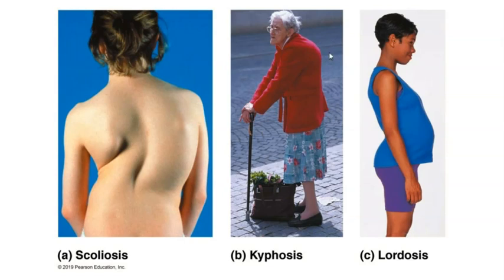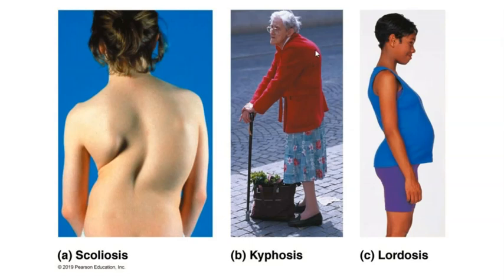Kyphosis is an exaggeration of the normal thoracic curvature. Typically, it is caused by osteoporosis that erodes away the spongy bone found in the body of the thoracic vertebrae. This causes the thoracic vertebrae to become crushed under the weight that they carry, and therefore results in an exaggerated thoracic curvature.